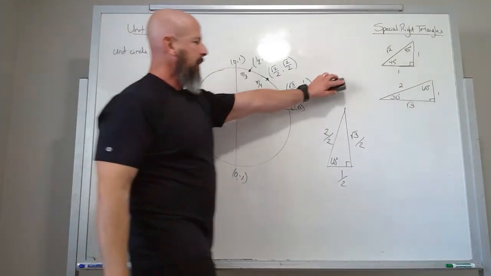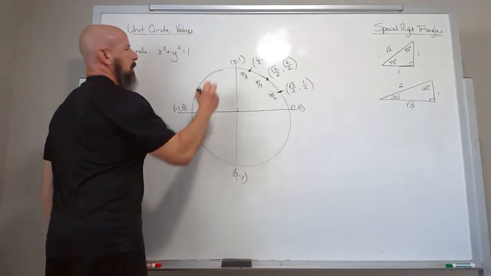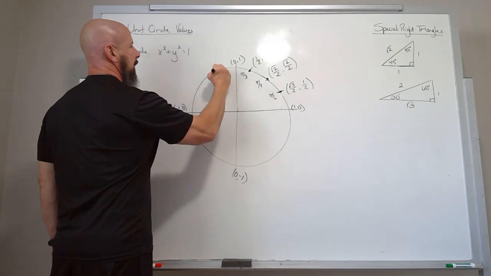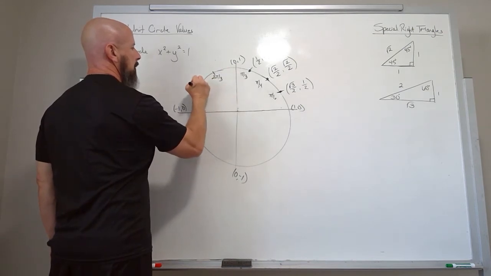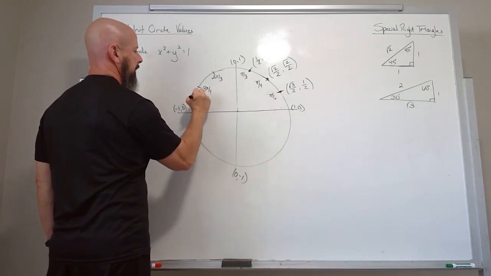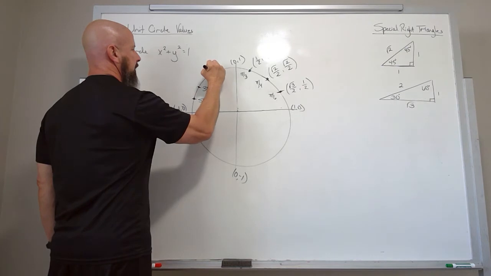Now, if I go into the second quadrant, I have a point here. That would be 2 pi thirds. One here would be 3 pi fourths. And then right here would be 5 pi 6. And I'm going to come up with these values.